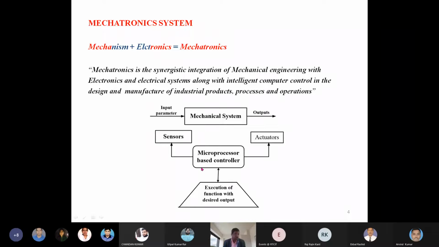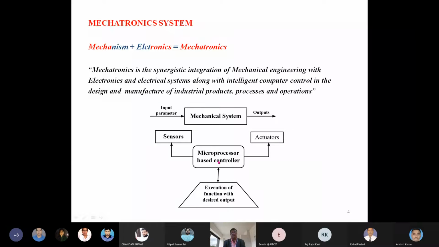Some parameters are input to the system and the output action is generated. Whereas in the case of mechatronic systems, we have sensors, an actuator and a microprocessor based controller. It is an electronic system, and the actuator may be either mechanical or electrical devices. Apart from that, we have a sensor. The sensor senses the process parameter in the system and provides the signal to the microprocessor controller. The microprocessor based controller is stored with the appropriate program in its memory, which can also be varied by input information from the human being.